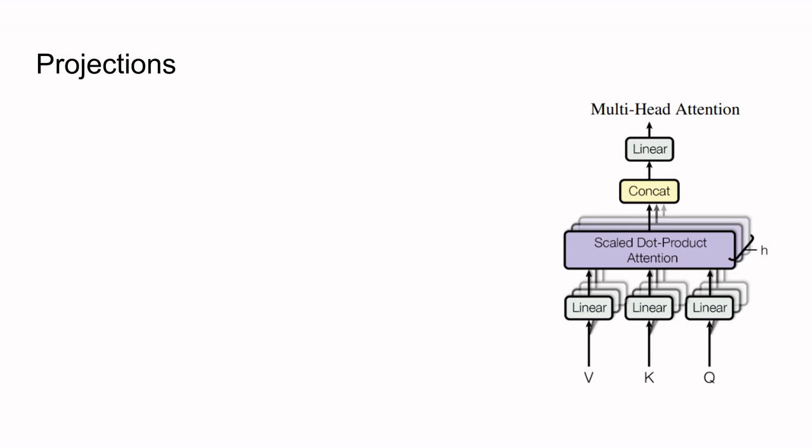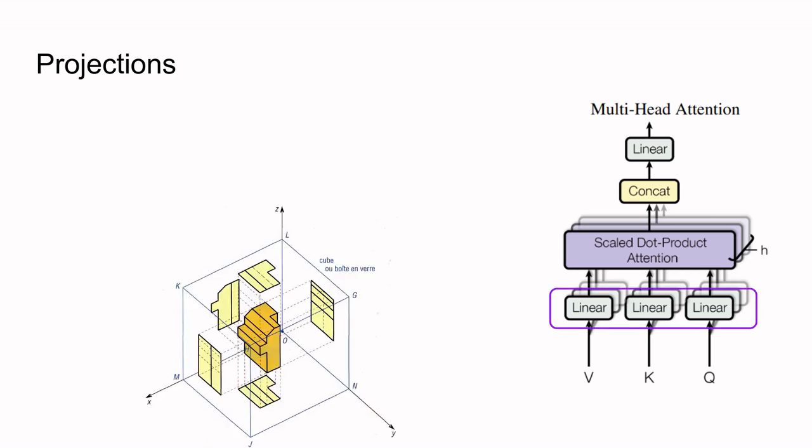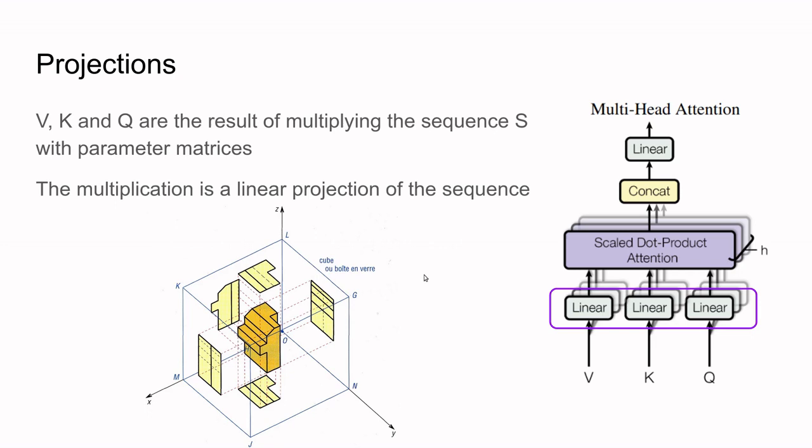Okay, now let me go back to the multi-head attention. Before applying this dot product where we multiply the 3 matrices, there is something here which we call linear, which I ignored in the beginning to simplify the examples. Actually, what we have here is called projection, or linear projection, and you can think about it like this.